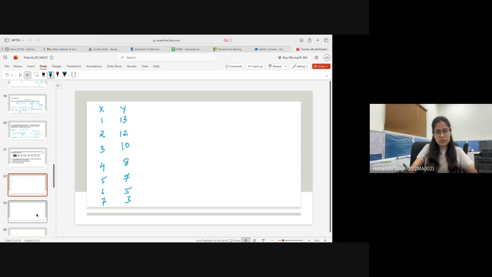Fine. Let me write the formulas here. If I want to fit this line, it will be y equals beta naught hat plus beta 1 hat into x. So this will be my fitted line.